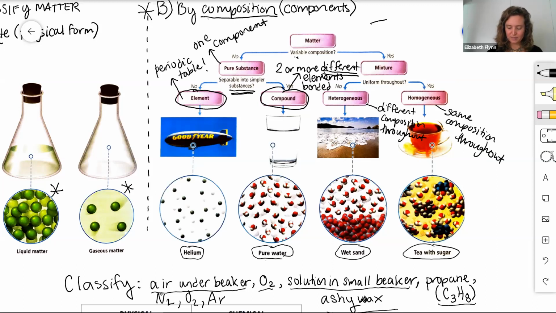Right. It's actually a mixture. So we can say it like this too: nitrogen plus oxygen plus argon.